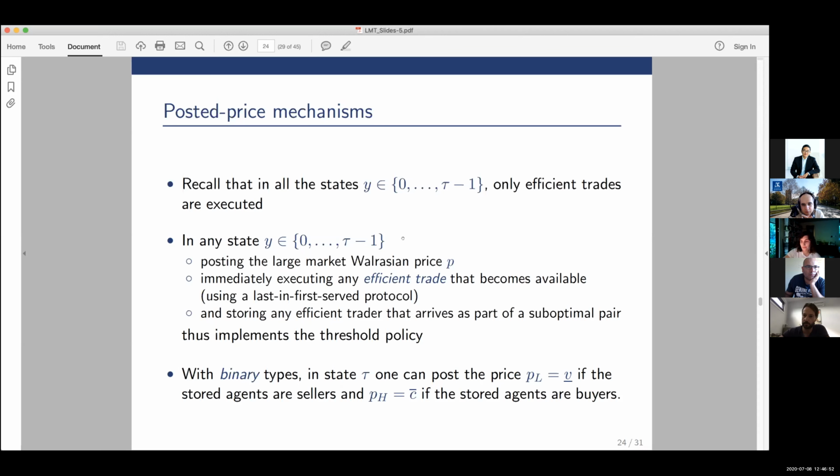In the unrestricted mechanism design problem, where by unrestricted I mean we do not restrict the form of transfers that you can make, we just assume you need to satisfy incentive compatibility and individual rationality, the queuing protocol doesn't matter. But once you focus on a restricted mechanism, like posted prices, then the queuing protocol does matter. Okay, so here's a last in, first serve queuing protocol.